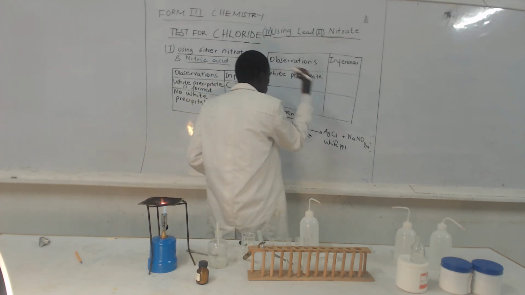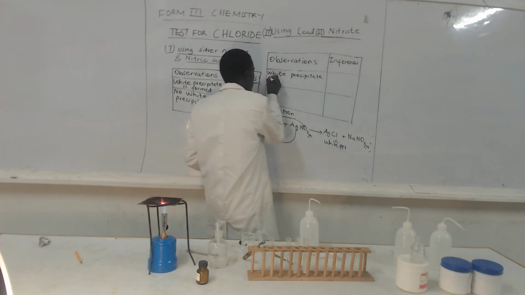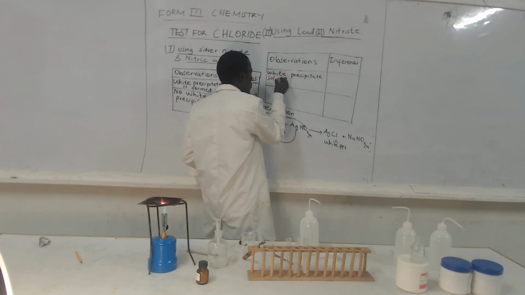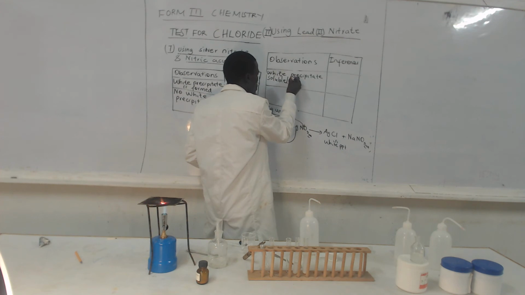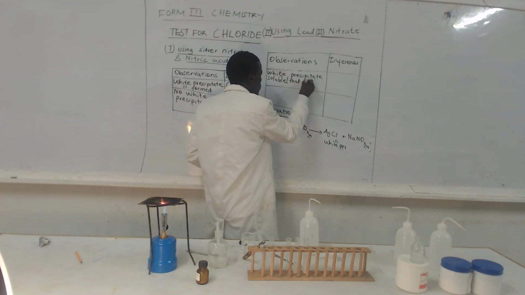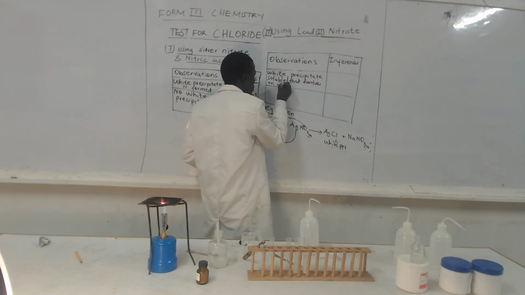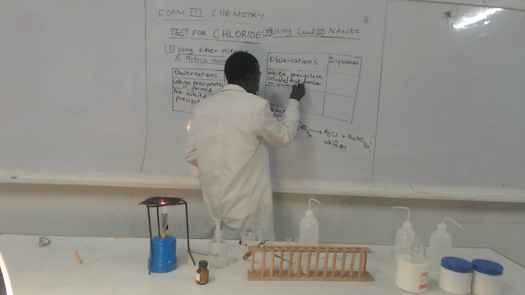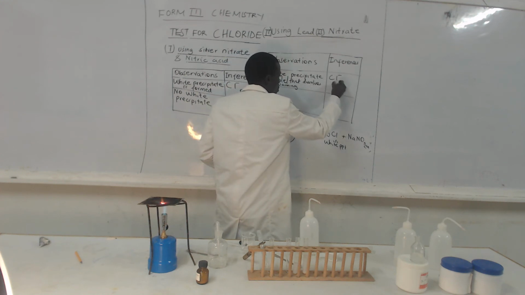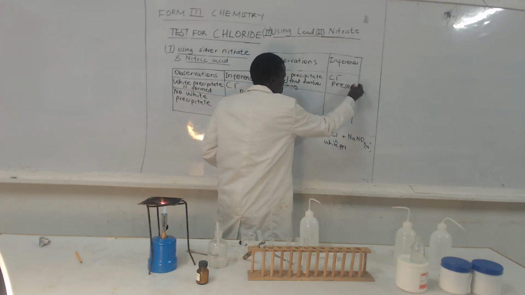So we have white precipitate is formed that dissolves on warming. This confirms the presence of chloride.